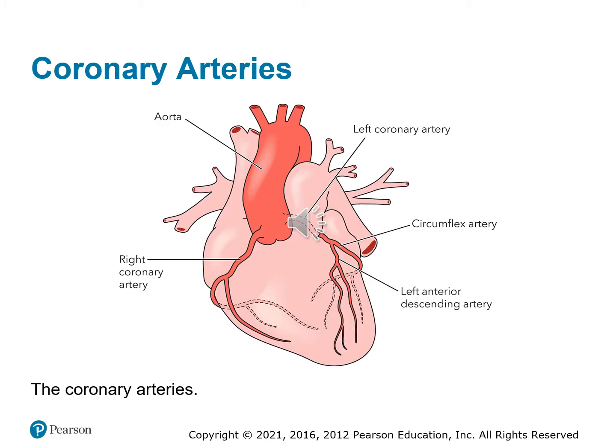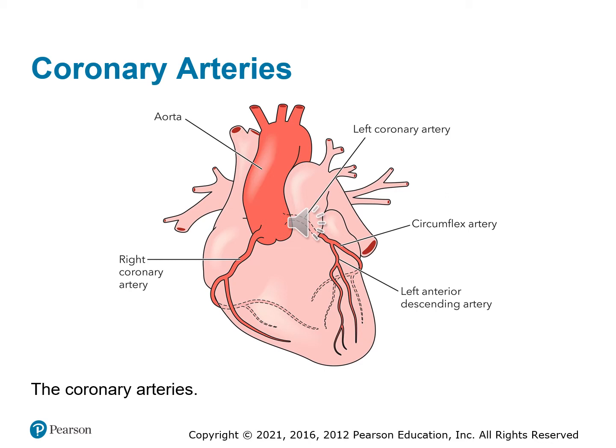Here we're looking at coronary arteries, and this is the cardiac circulation. So these are the vessels that actually supply oxygen to the muscle of the heart itself, because inside the heart, where we're pumping blood, is not where the heart is getting its oxygen. It's being fed from these particular arteries. These arteries include the right coronary artery, the left anterior descending artery, and the circumflex.